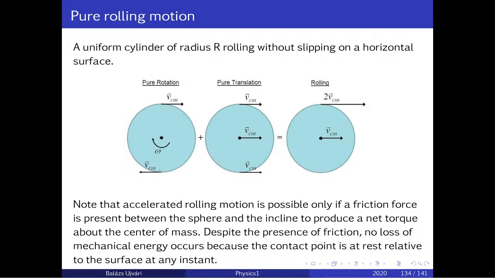When you go with your car on an icy road, you can imagine that the angular velocity rotates like crazy, and the speed of your car, nothing. These are independent. In this case, the contact point between your wheel and the road is not a static point, it's not a static friction, but it's a kinetic friction.